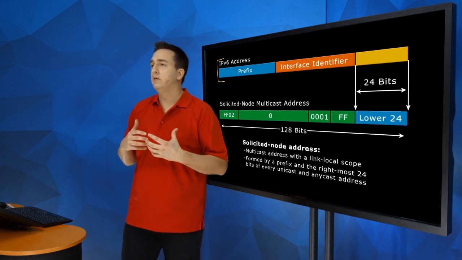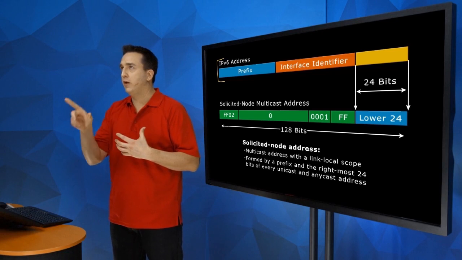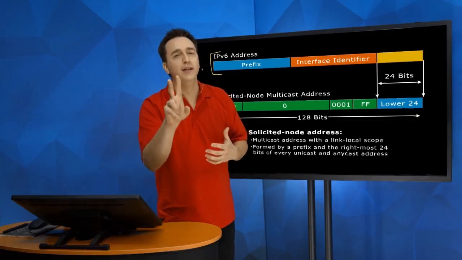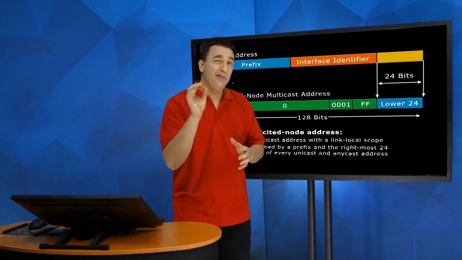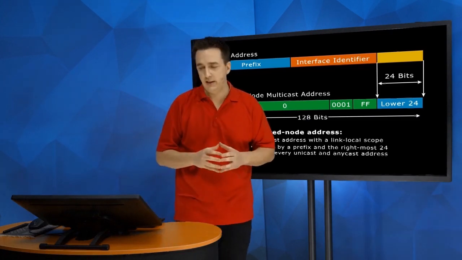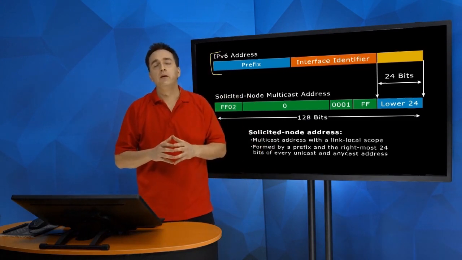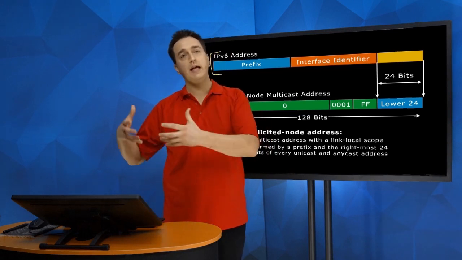So one of the first multicast groups that every device joins is the FF02::1 multicast group. Okay, that's what it was. So FF02::1 multicast group. That's what every device joins. Every device. Why? Because that is the all nodes or all devices multicast group.